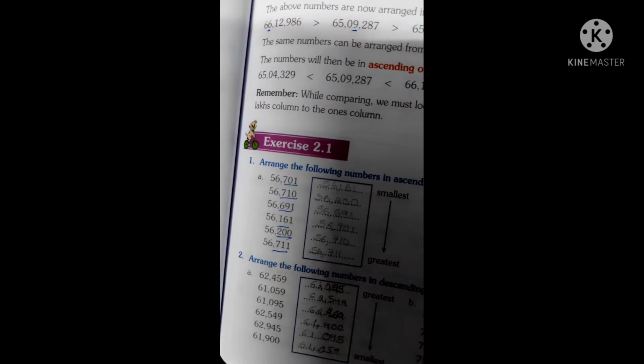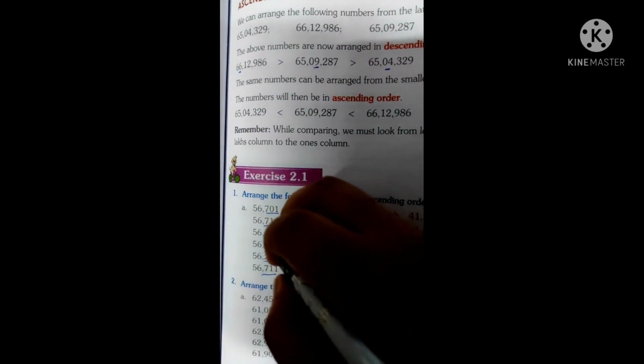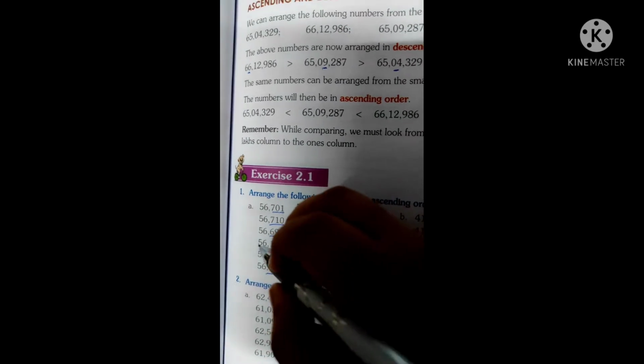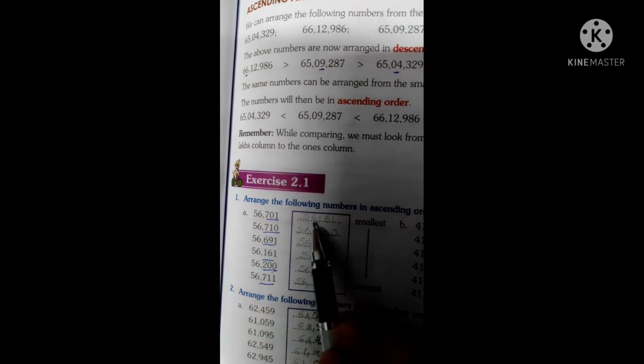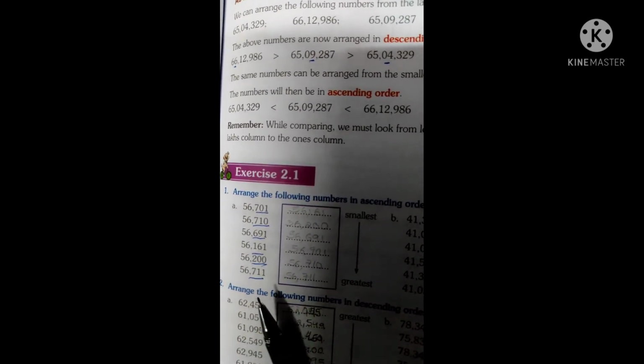The first is the smallest number, so let's take the hundreds column. The number 1 is smaller than any other, so we write 1 here. So 56,161 is the first number. The next number is 56,200, having 2 in the hundreds column.